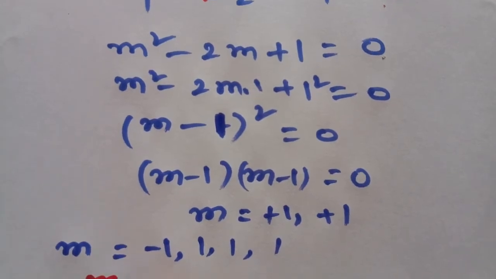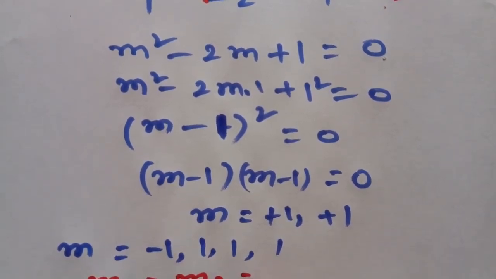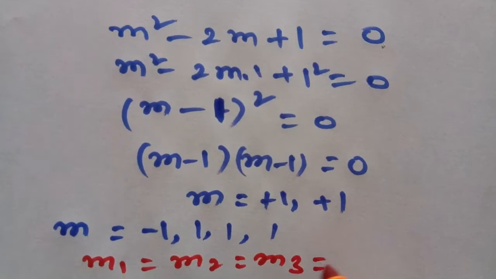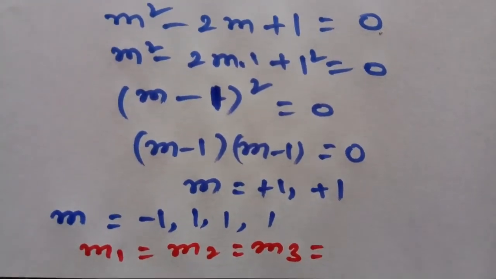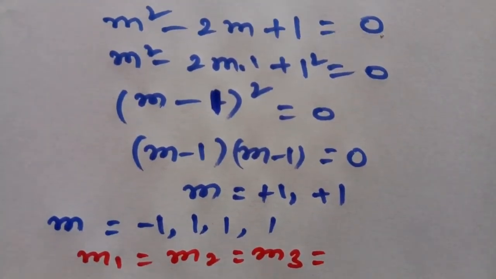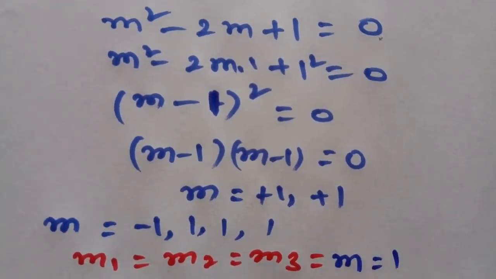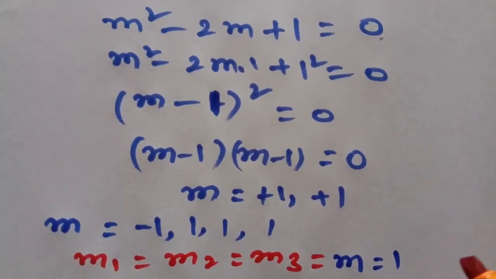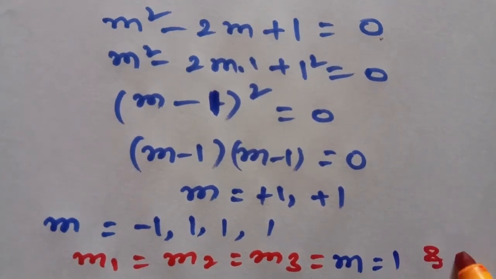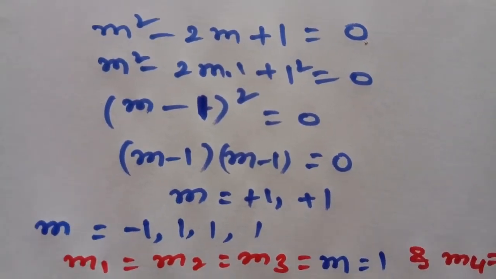Here m1 equal to m2 equal to m3 equal to 1 and m4 is equal to minus 1.